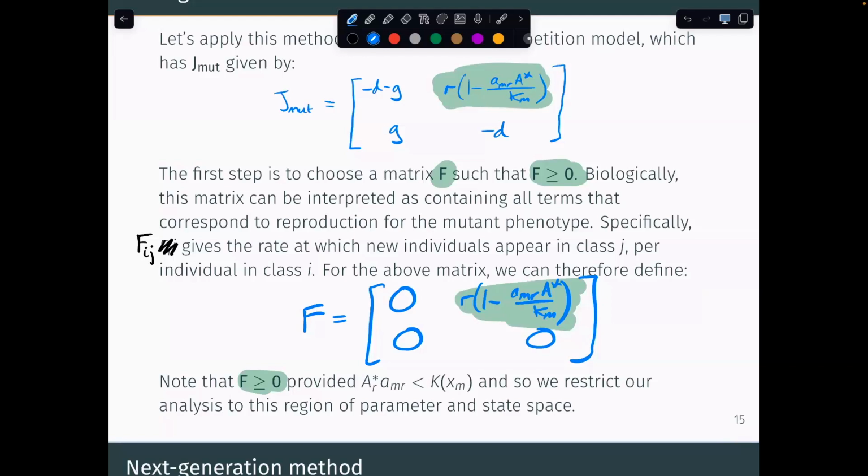If it was deaths, then this could be negative and could be larger than R. However, because we're treating this as a birth term, we're basically saying that this is true provided A star, times the competition strength AMR, is less than KM, K of XM.